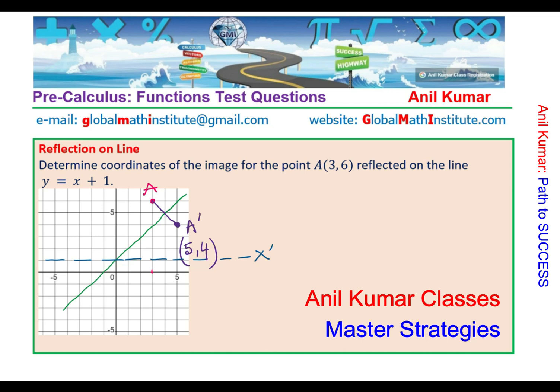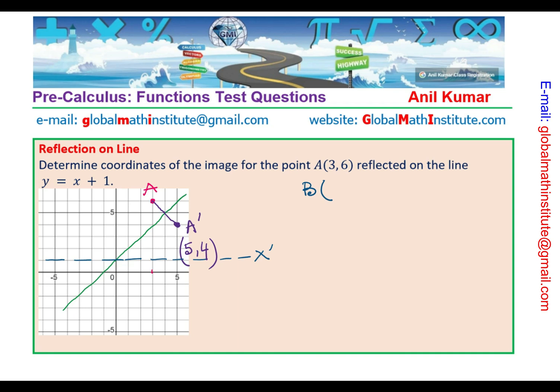With reference to this change, let's call the point B for the new plane. The point which was (3, 6) on this new modified plane will have the x coordinate remain 3, but the y becomes 1 less, so it becomes (3, 5).